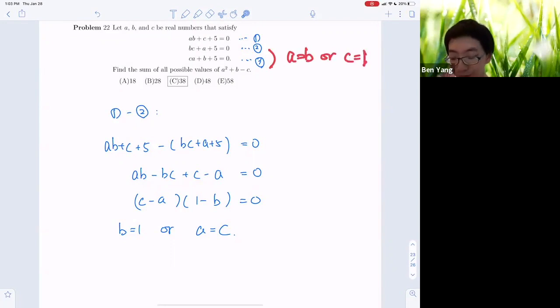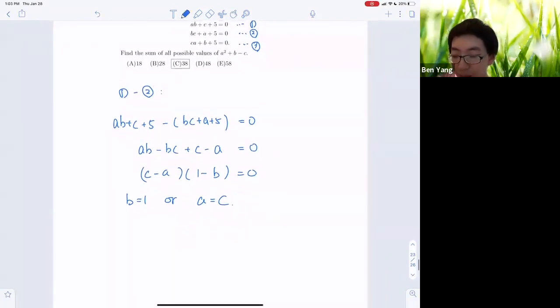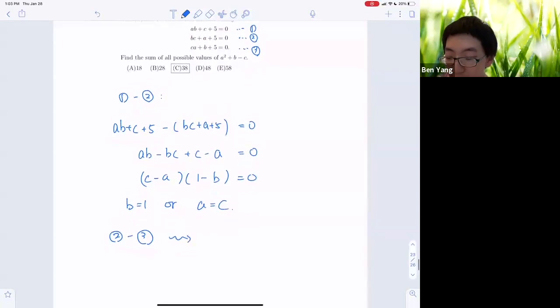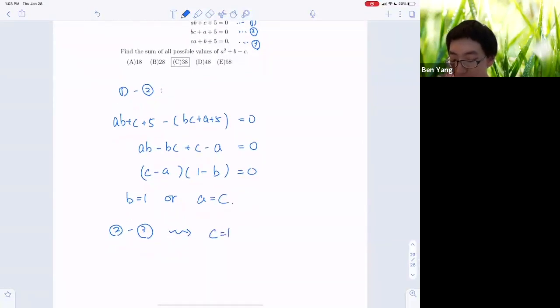Let me write it down. If we do 2 minus 3, by similar reasoning, we're going to get C is equal to 1 or A is equal to B. By doing 3 minus 1, we're going to get A is equal to 1 or B is equal to C.